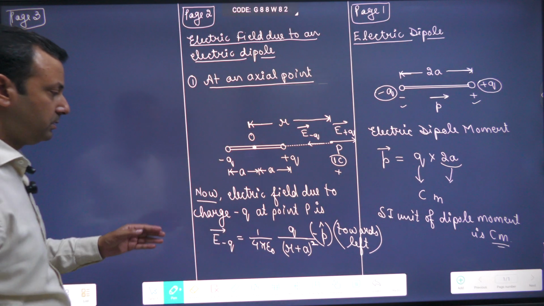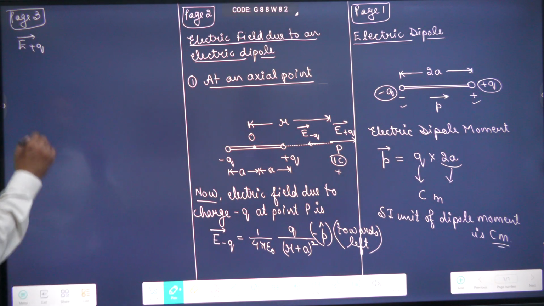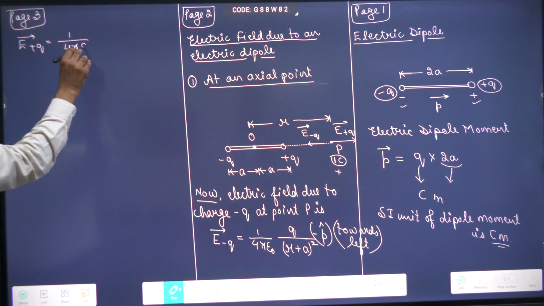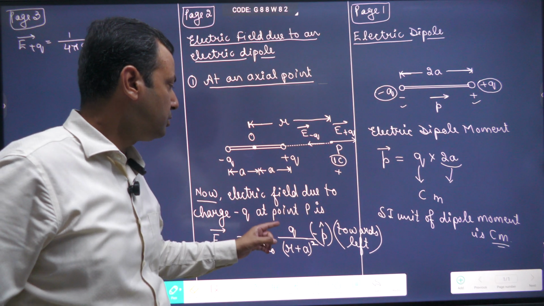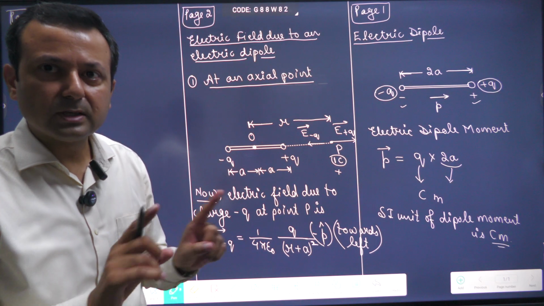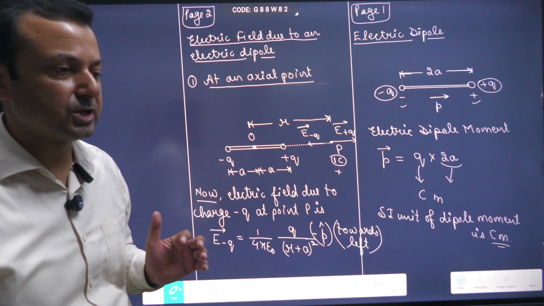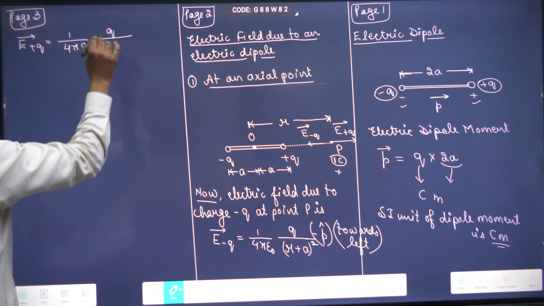So how will this electric field be calculated? E plus Q is equal to 1 upon 4 pi epsilon naught, Q upon the distance squared. We take only the magnitude of the charge, not the sign; the sign we take by looking at the direction.